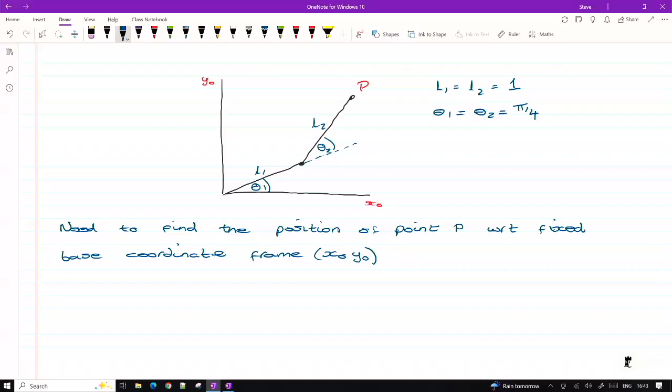So we developed the HTM. As I said, the HTM may be different for different robotic systems, different combinations of joints and links, etc., but we've already developed the HTM for this robotic structure, okay?